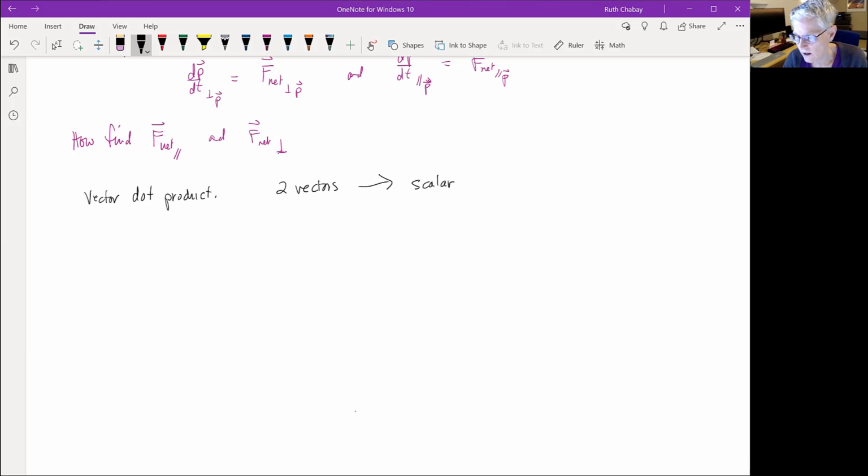And that scalar ends up with information about the angle between the vectors. So this is a new vector operation that we haven't talked about before. And it's an easy thing to do.